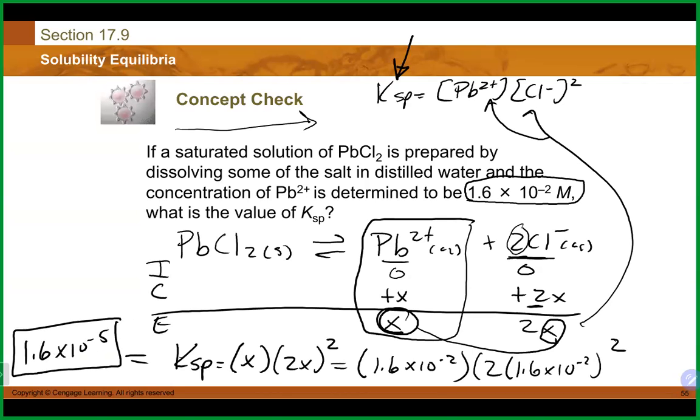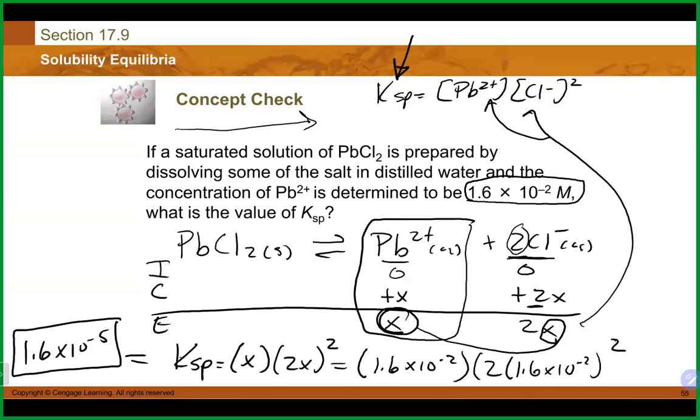So as you can see here, we could use an ICE table to make sure that you actually multiply by 2 and also square, which is a very common mistake people make sometimes. They go, I already multiplied by 2, why still square, and all that kind of stuff. So it sometimes can be helpful.